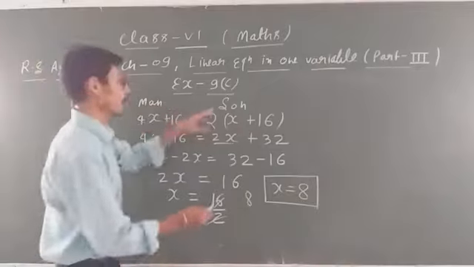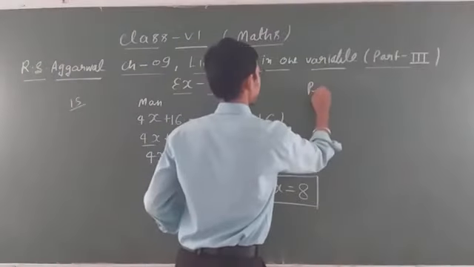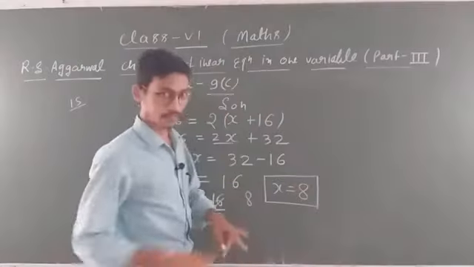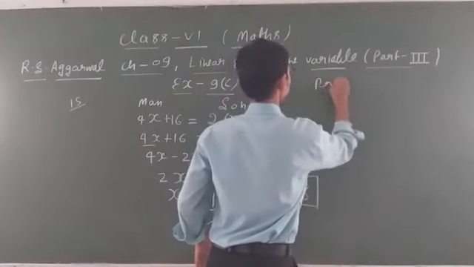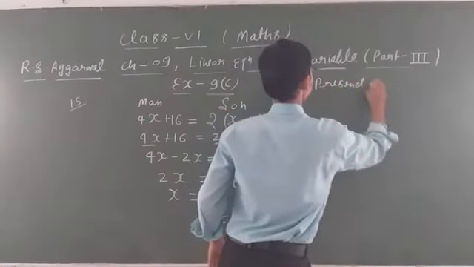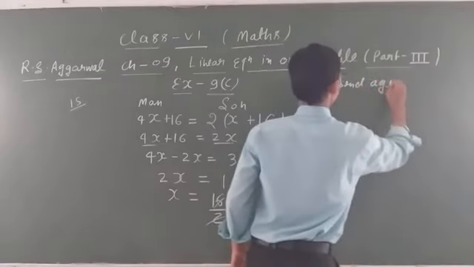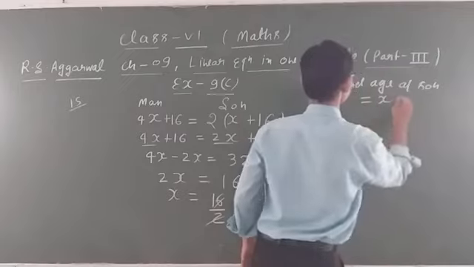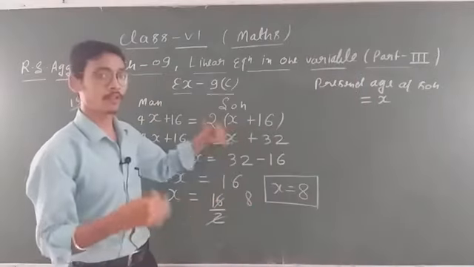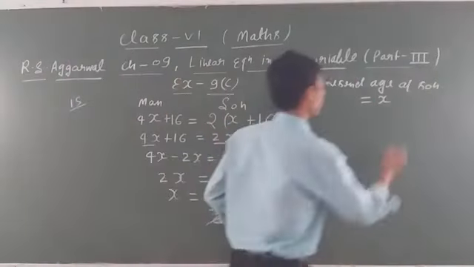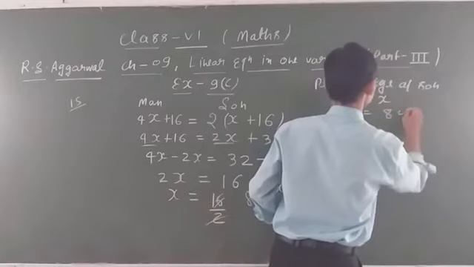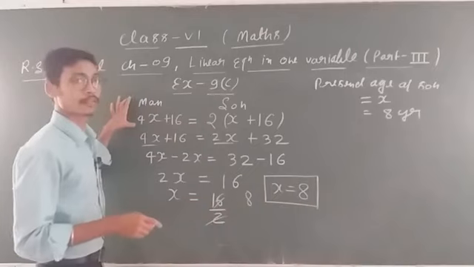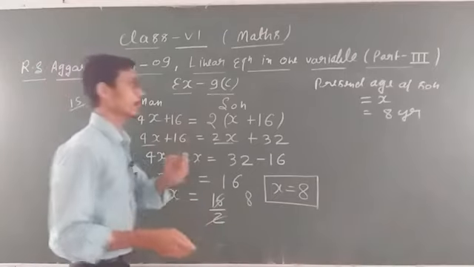Now you assume the present age of son equal to x, because you assumed x here, then you put the value. The value of x is 8, so write 8 years. Now the father's age will be 4 times.